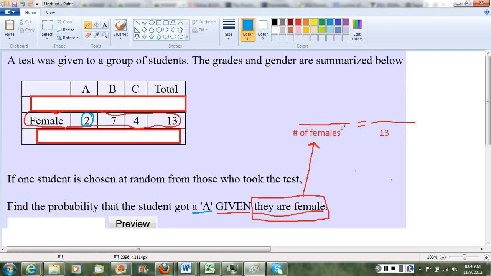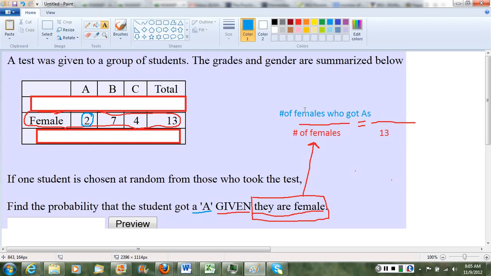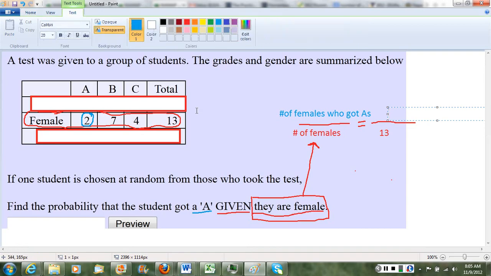But if you want to write out what you're putting in at the top here, what we're really writing in up here is the number of females who got A's. My numerator will be the number of females who got A's, and we can fill that in there as 2.